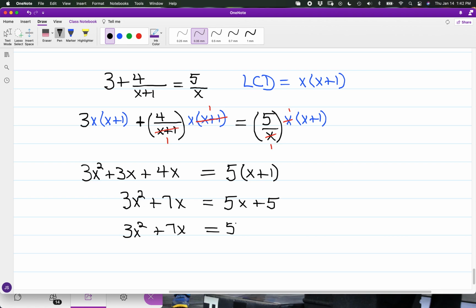I'm just going to write this again. I'm going to set this up as a quadratic equation that is in standard form. So I'm going to move the 5x as well as the 5.